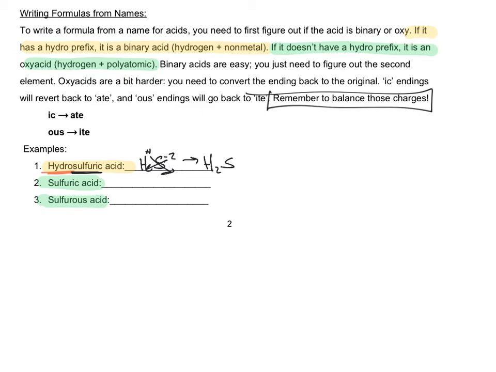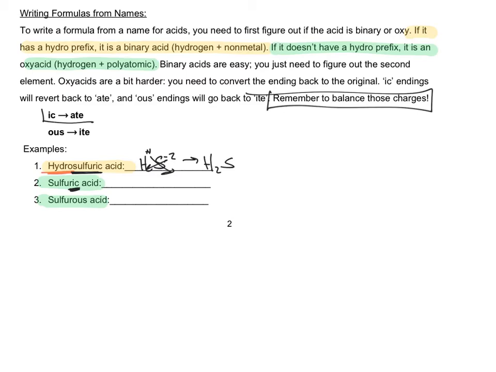Now, when you move on to oxyacids, things get a little bit more complex because you have the weird ending rules. So let's look at sulfuric acid. Sulfuric is going to tell us what polyatomic ion, because it's an oxyacid, what polyatomic ion this comes from. And that ending, ic, is what's going to give it away.